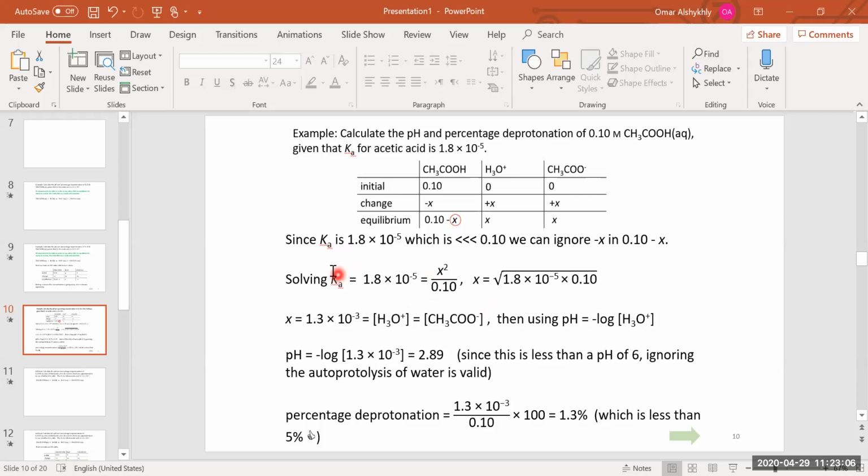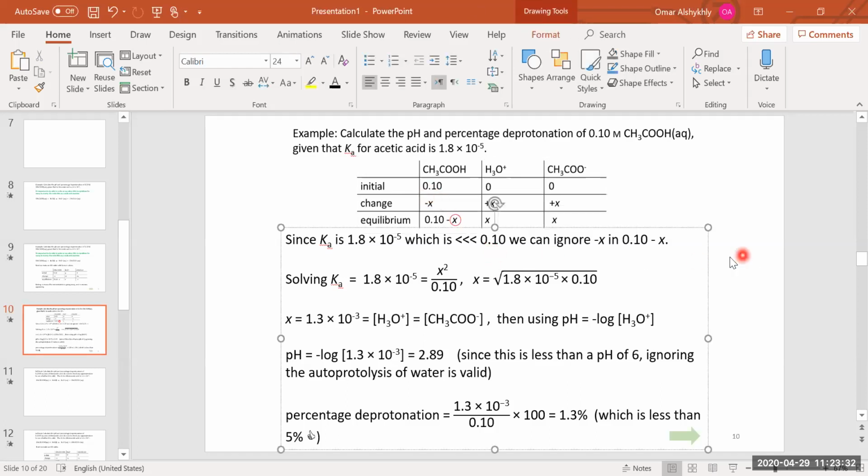Now we have to notice that since K is 1.8 times 10 to the negative 5, which is much less compared to the 0.1 molar initial concentration, we can ignore the minus x in 0.1 minus x. We will ignore it only in the reactant.